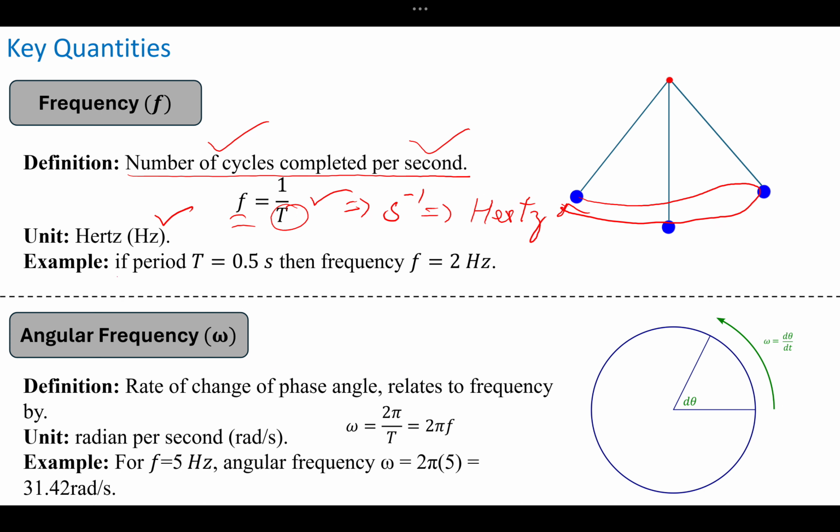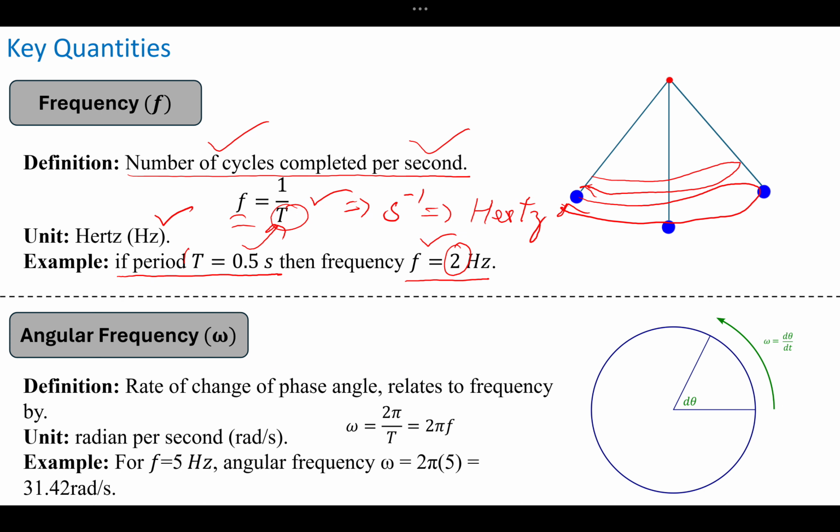If the time period T is equal to 0.5 seconds, then the frequency is 2 hertz. How is that? You just put the 0.5 in this formula and you will get the frequency of 2 hertz, which actually means that every second 2 cycles are completed. The body is able to move back and forth 2 times in every 1 second. Okay, so that is what it means.